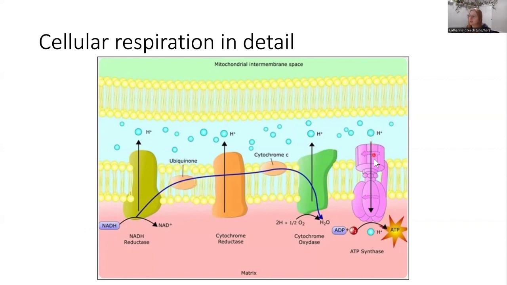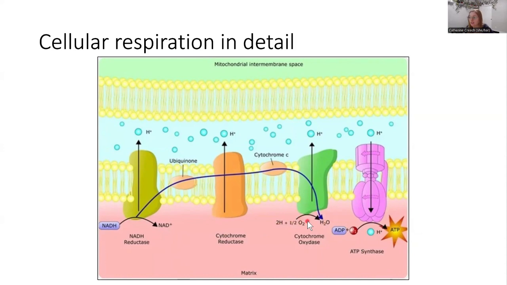As the hydrogens leave through ATP synthase, it turns, and it grabs a phosphate, and it pops it onto ADP, and it produces ATP. So all of these hydrogen ions move through this enzyme, and every time they move through, it creates ATP. It will create a bulk 34 to 36, sometimes 32 ATP per glucose molecule, which is where we get the bulk of our ATP for our cells.